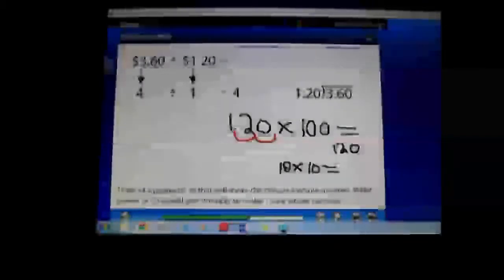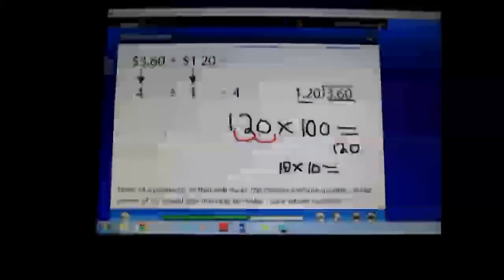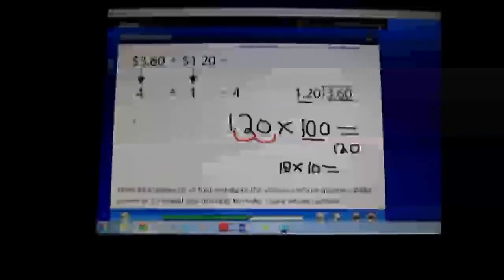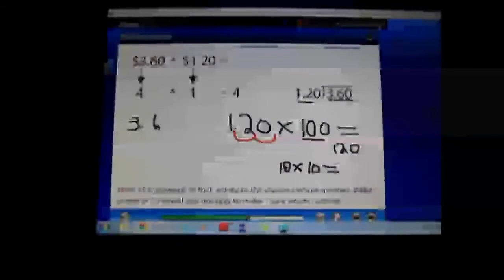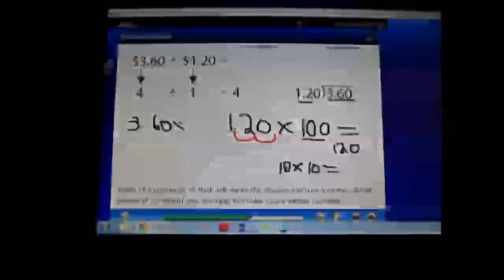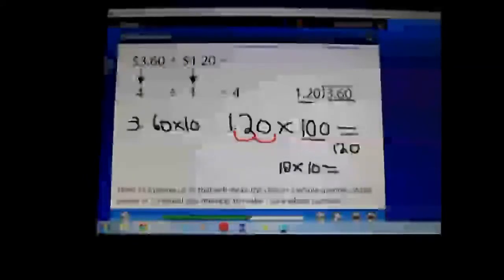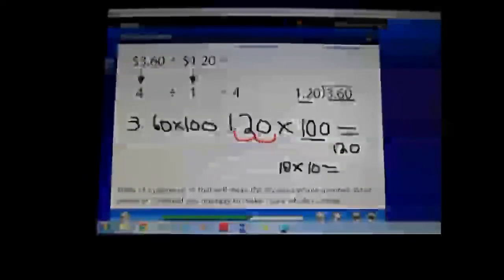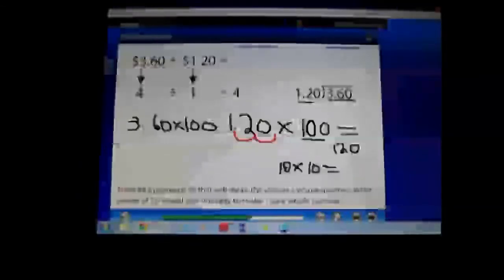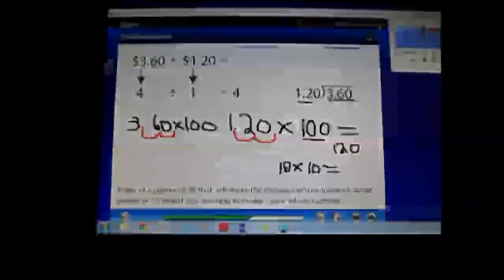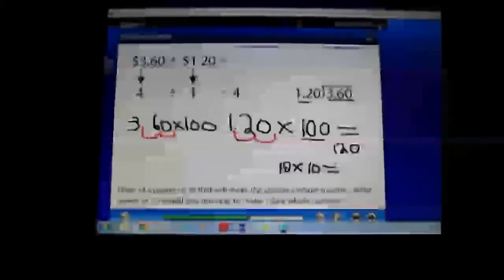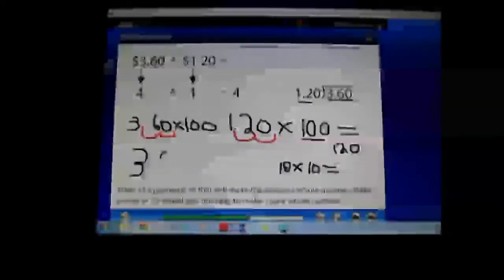Okay, so the same thing goes for my dividend. That was my divisor. Now for my dividend, I can multiply it by the same power of 10, 100: 3 and 60 hundredths times 100. Same process. I'm going to move my decimal 2 places to the right, replace my decimal at the end, and I get 360.